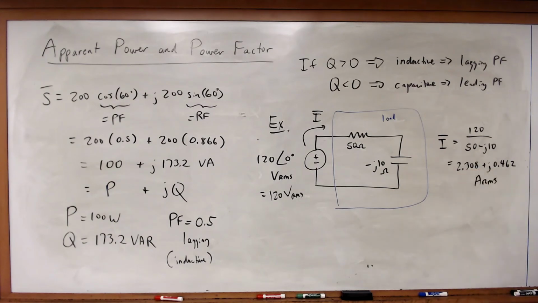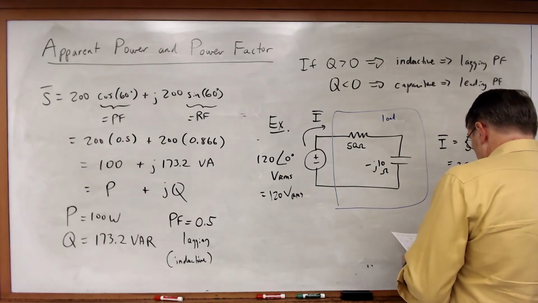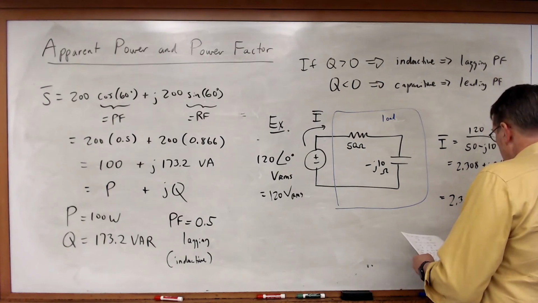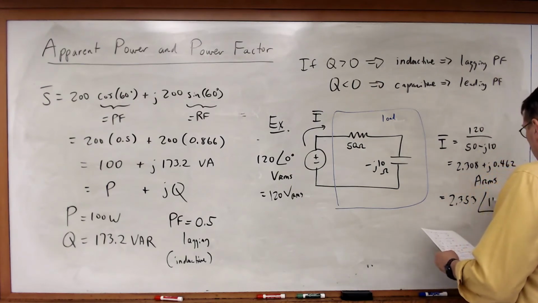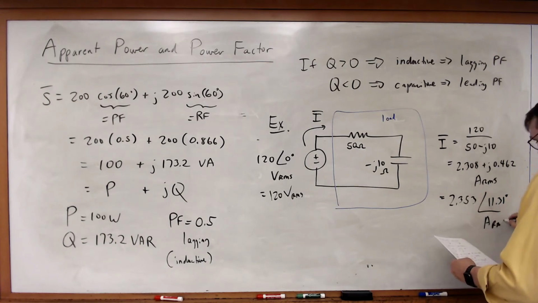The current's got to be in RMS, since the voltage for the source is in RMS. And therefore, this will be equal to 2.353 at a phase angle of 11.31 degrees amps RMS in polar form.